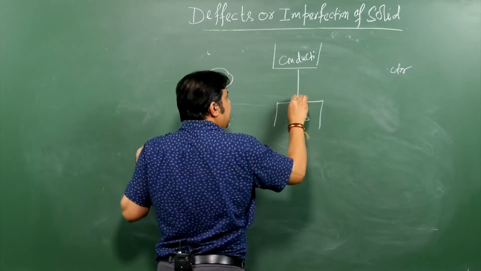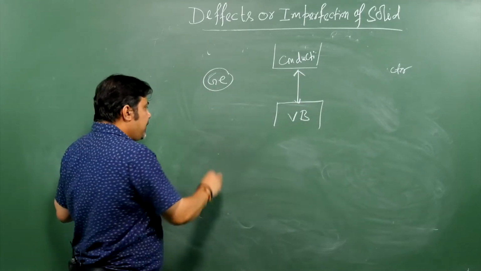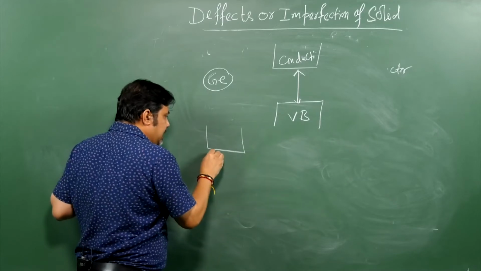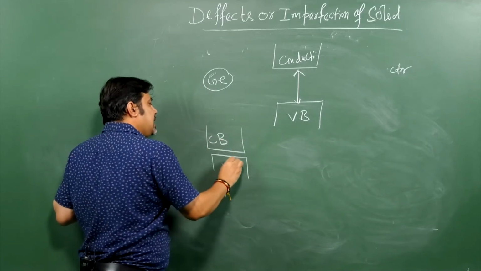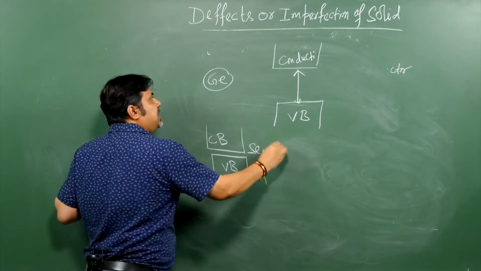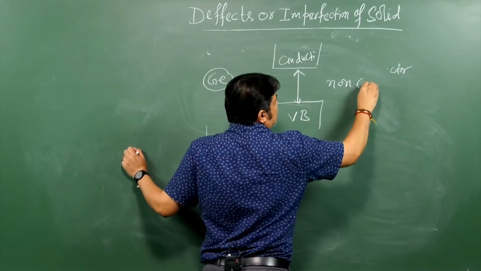There is a big gap for a non-conducting substance. And for the semiconducting material, there will be very little gap. This is a semiconductor material. This is a non-conductor.